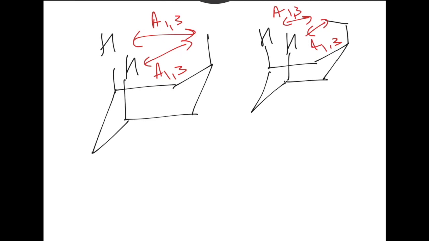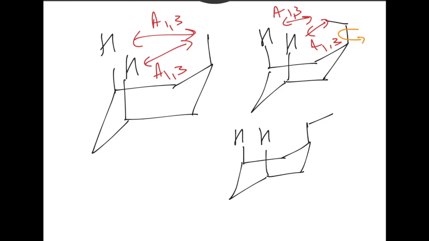But as we know from drawing Newman projections, that ethyl group isn't stuck with the methyl group sticking out over the ring. It can rotate. A lot of the time, that methyl group's going to turn away and point away from the ring, so it's not going to have such a strong interaction.